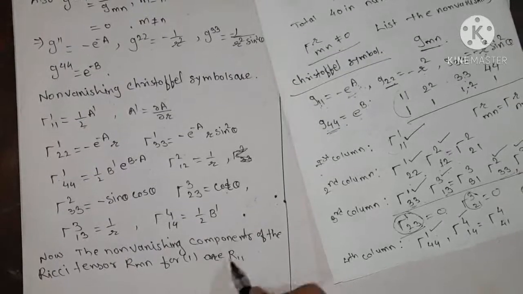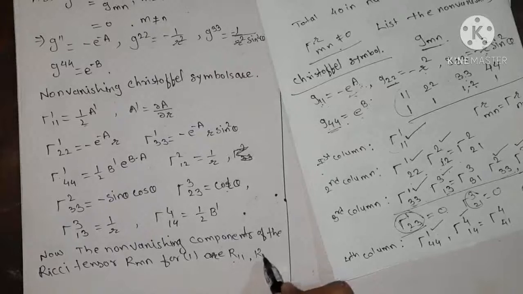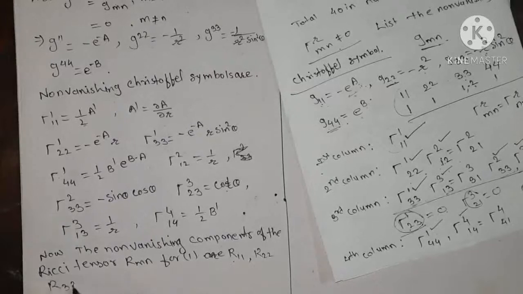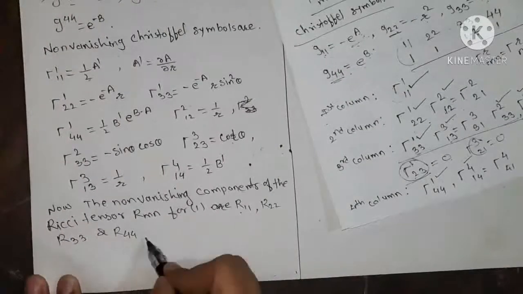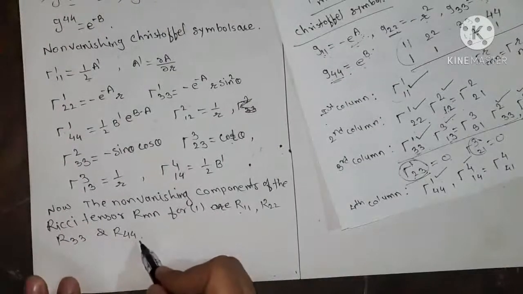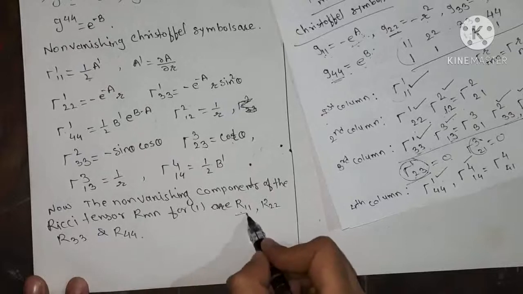The non-vanishing components are R11, R22, R33 and R44. These are all non-vanishing components. We have to compute all. So firstly we compute R11.